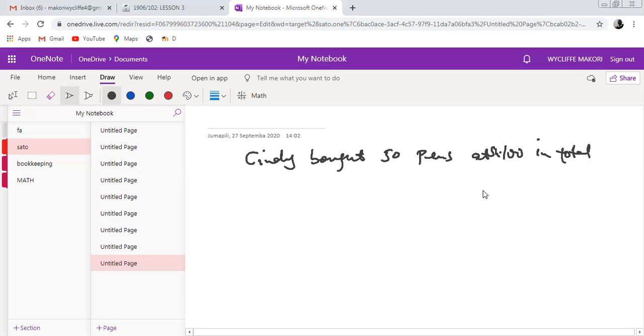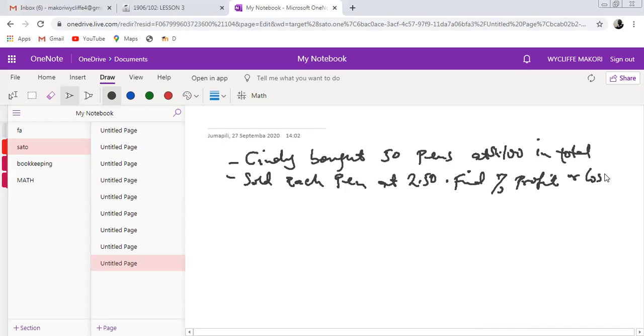And then you are told she sold each pen at 2 shillings and 50 cents. Now you are told to find the percentage profit or loss that was made.